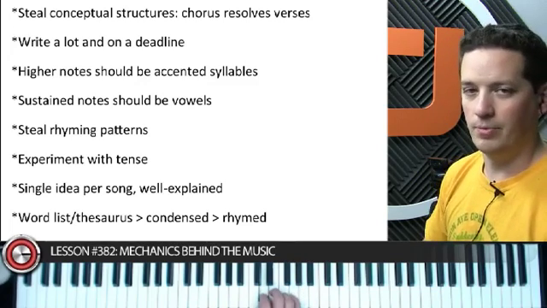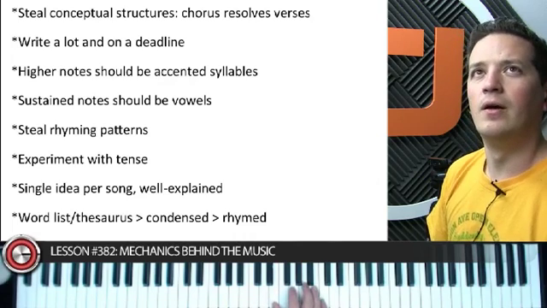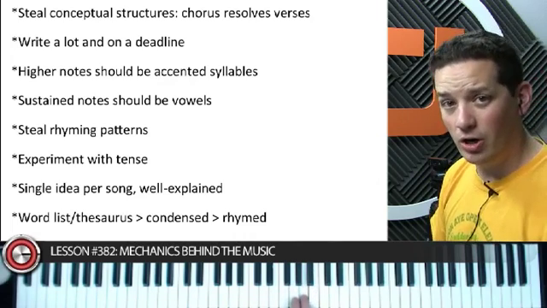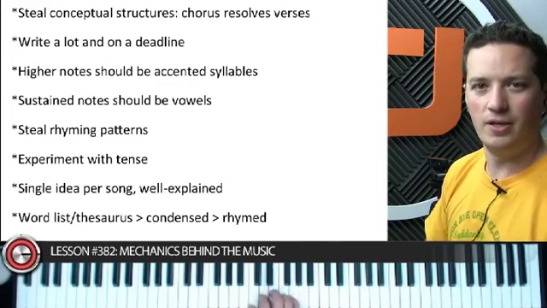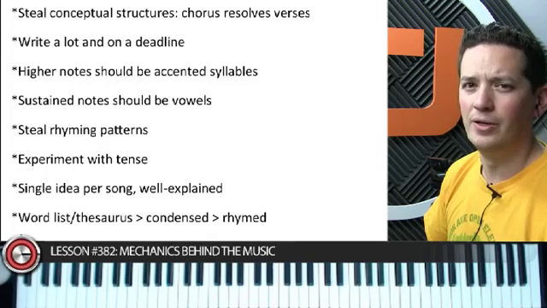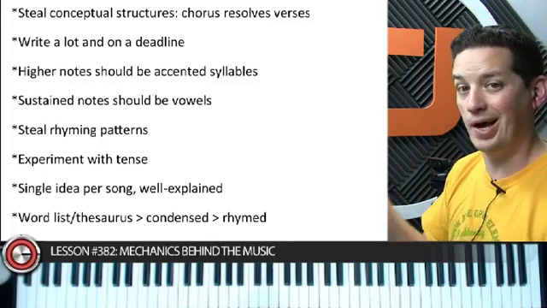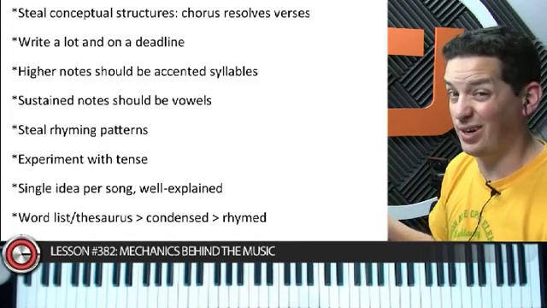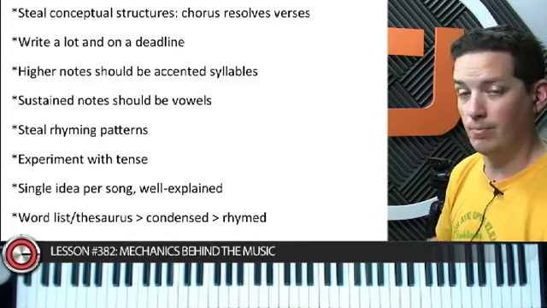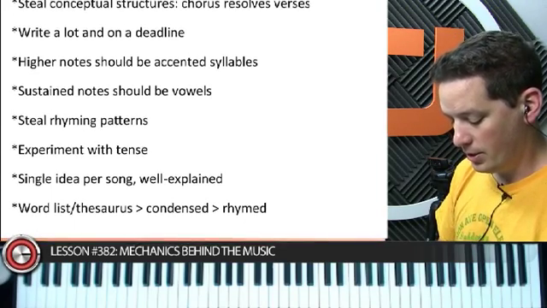You wouldn't want to put a "big something," because when you say "bigger," it's BIG-er, not big-ER. So you try to follow the accents of the words and match those up with the highest notes of your melodic phrases, if you're doing it in a way that the melody already exists.